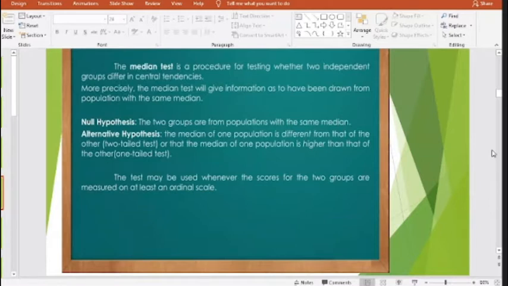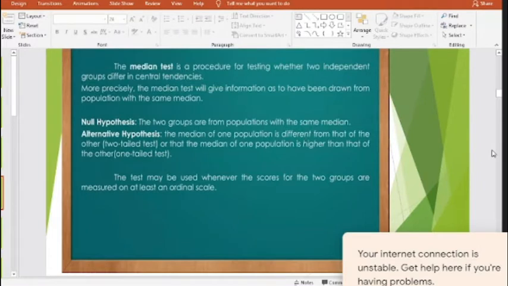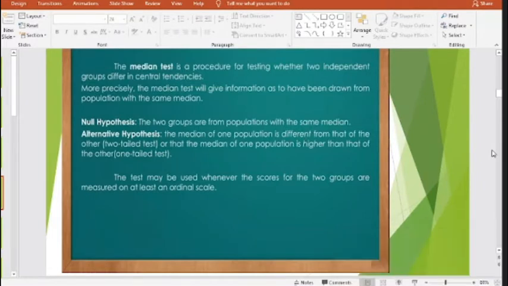For the alternative hypothesis, the median of one population is different from that of the other for the two-tailed test, or the median of one population is higher than that of the other for the one-tailed test. The test may be used whenever the scores for the two groups are measured on at least an ordinal scale.